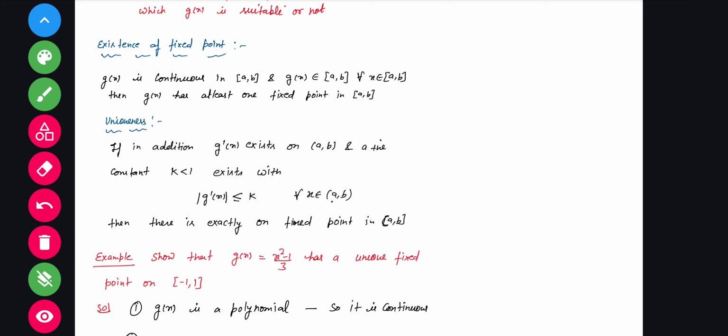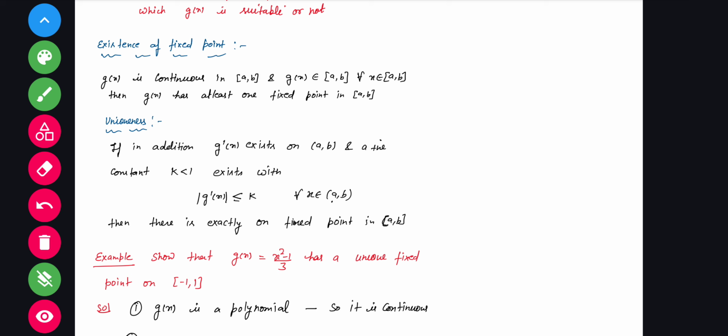Whatever the range of the interval of x, the value of g of x should not exceed that range.